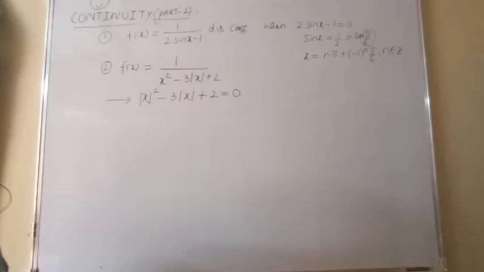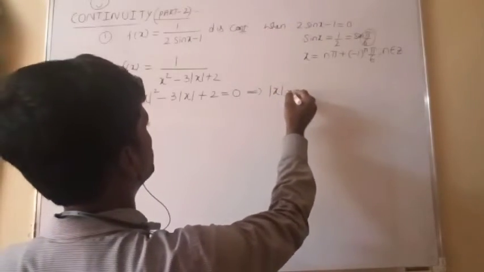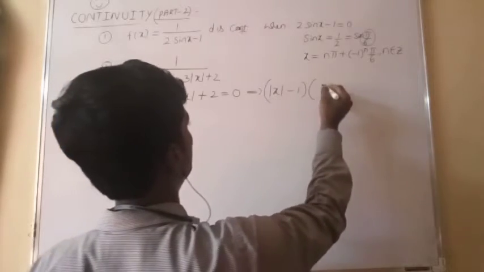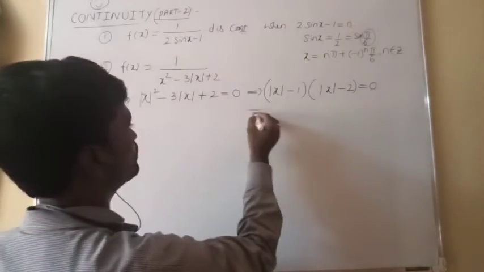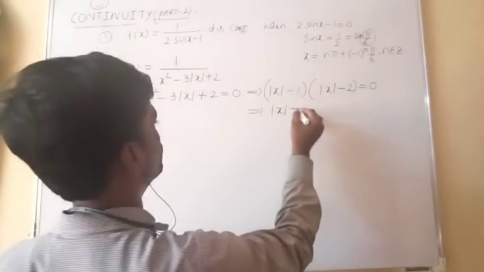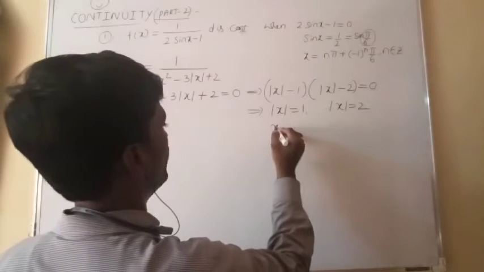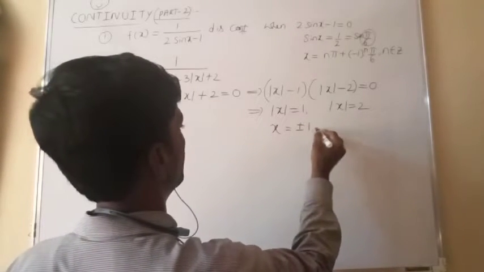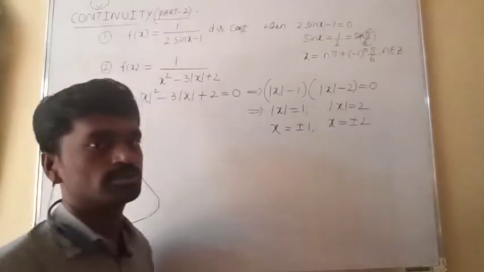So now it is a quadratic in mod x. Finding the factors, what you will get is mod x minus 1 into mod x minus 2. So mod x is equal to 1 or mod x is equal to 2. So x is equal to plus or minus 1, and mod x is equal to 2 implies x is equal to plus or minus 2.